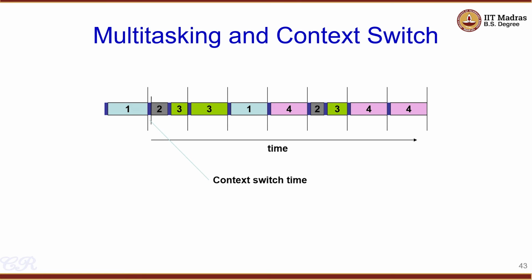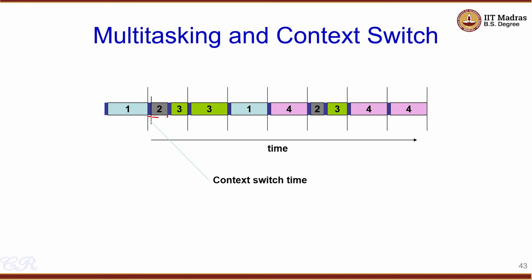So when we talk about a multitasking environment, we have process 1 executing, then we have this blue region over here, which is the context switch time, where the context switching is occurring, the scheduler is executing, identifying a new process to execute, restoring the state of that process, and then causing process 2 to resume execution.